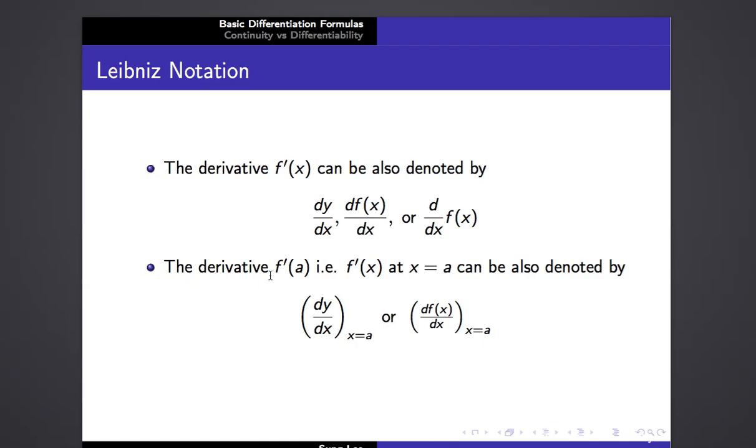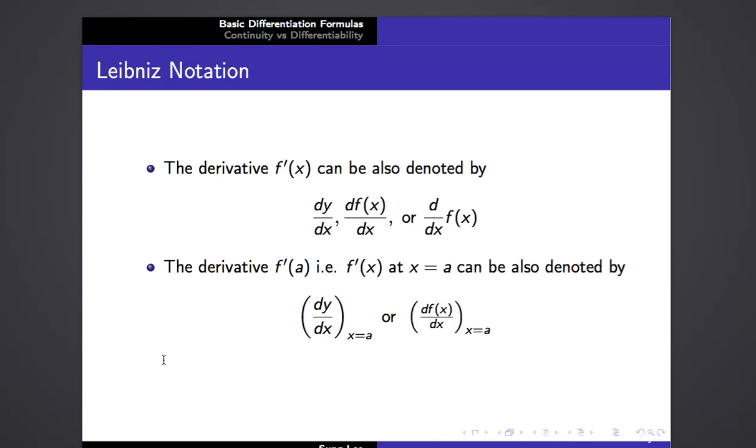Okay, so particularly the derivative f prime of a, in other words, f prime of x at x equals a, can also be denoted by dy by dx at x equals a, just like that.